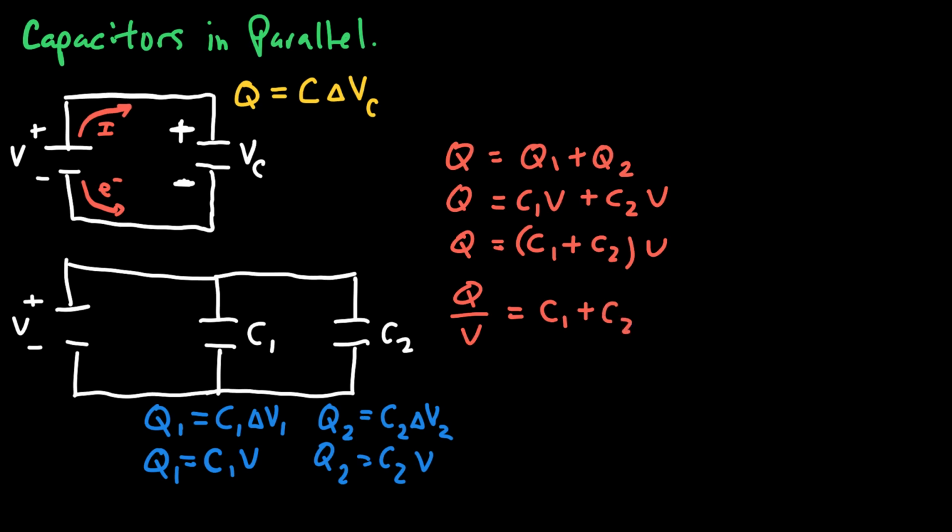And you should be able to imagine that if we just had another capacitor in parallel, then we would just have another term added on here, plus C3, plus C4, etc.